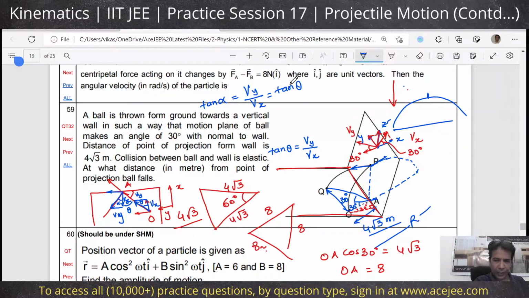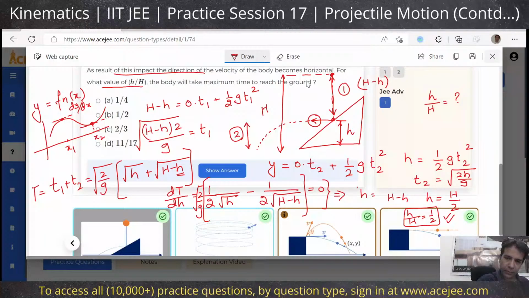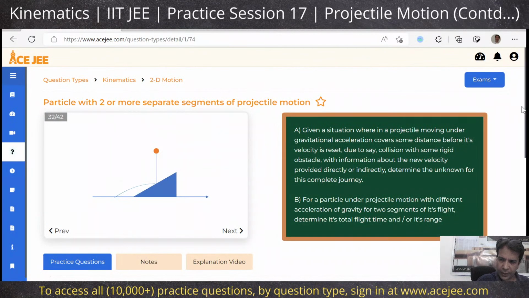In other words, if you think about the entire projectile motion, the entire path has been folded into two, right? This entire R has been folded into two, shown here. Anyway, let's move on. Let's go to the next type of question.